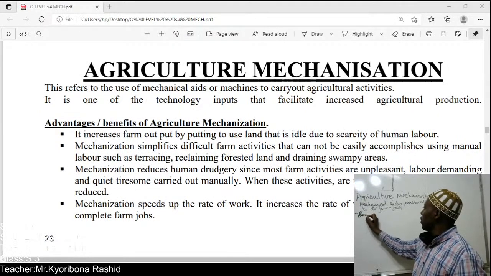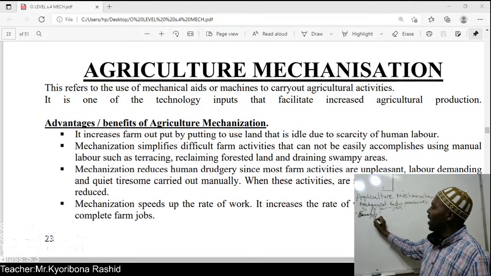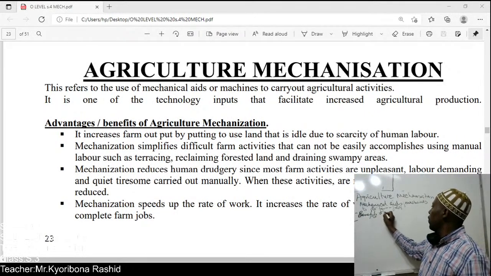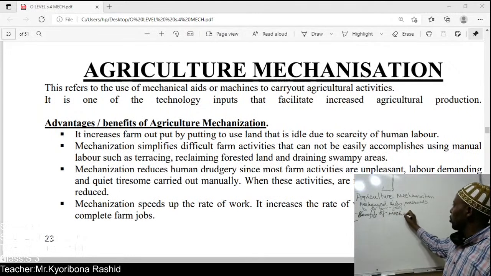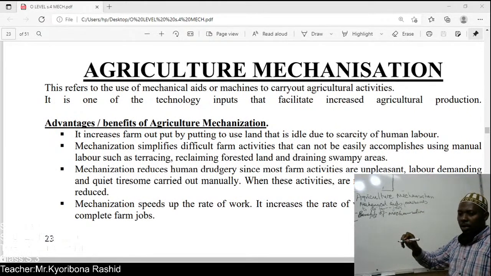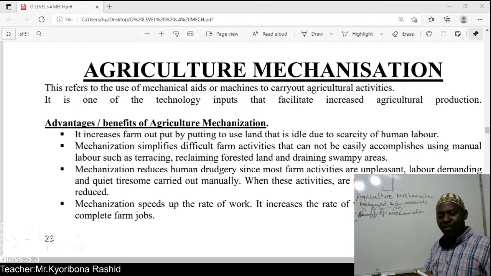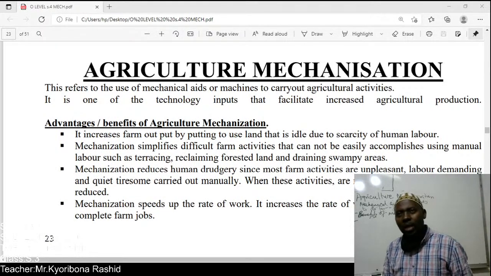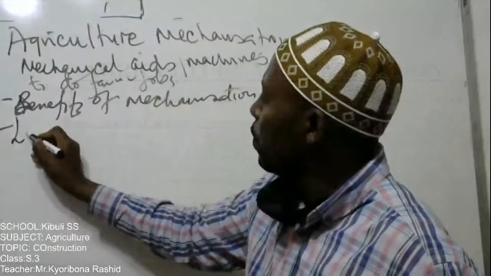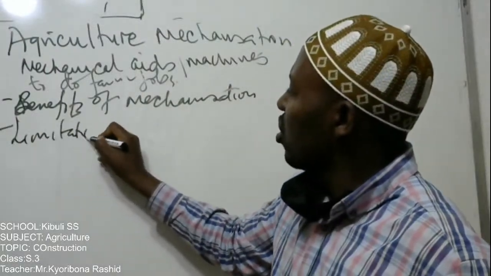When you're looking at this section, we are going to be looking at benefits, why we mechanize, and then benefits of mechanization of agriculture. Why do we mechanize? When we mechanize, we eliminate very many things. And also limitations.